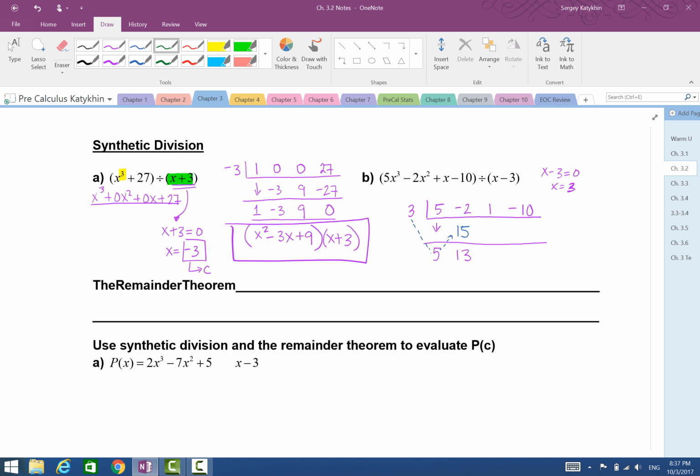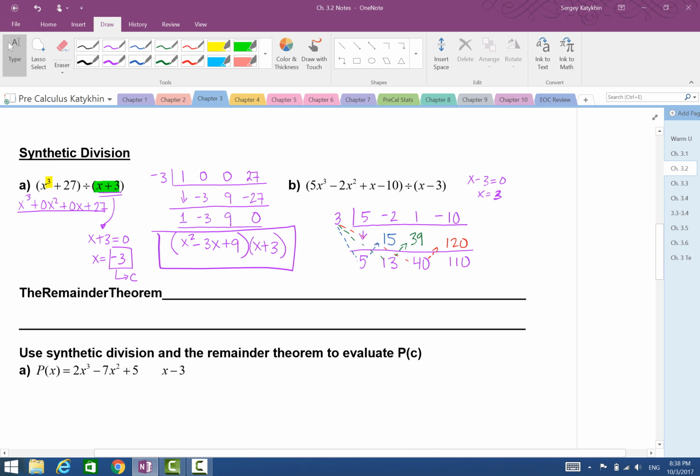Now take the 3 again, multiply by 13 and write the number there. So 3 times 13 is 39. Add those two numbers together, which gives you 40. Now take 3 and multiply that by 40, and you get 120. So if you notice, -10 plus 120 is not 0, it actually gives us 110.